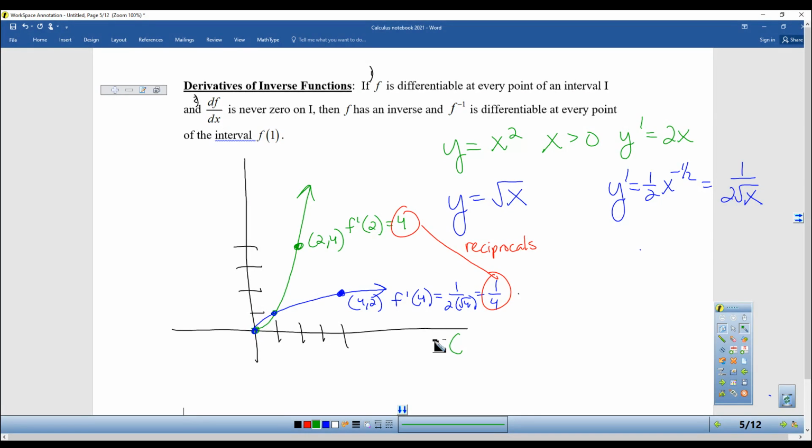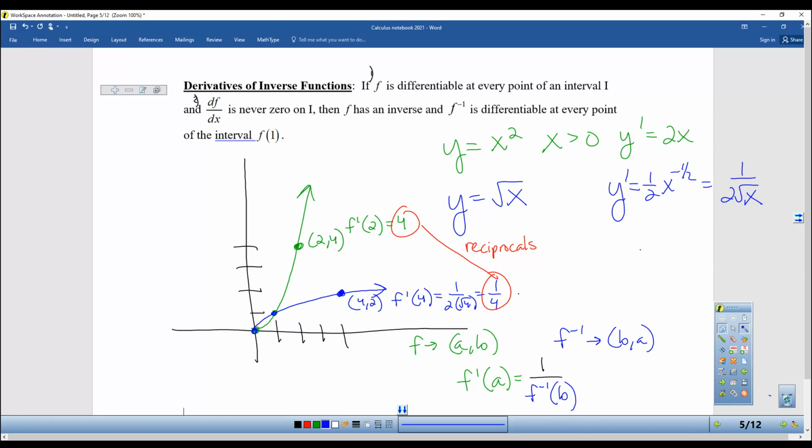If you have a function that has on it the point (a, b), and if you have an inverse function, remember it has a little -1, it's not a prime, it's an f inverse, that has the point (b, a), then the derivative of the original function at a is equal to 1 over, not -1 over, they're not perpendicular, 1 over the derivative of the inverse function, but at b.